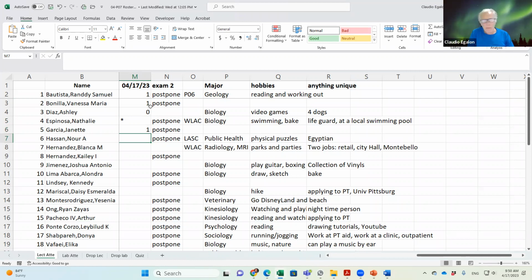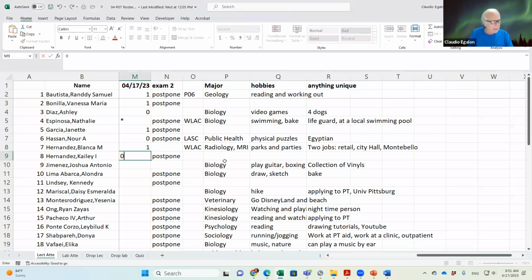I don't see Noor here. Blanca Hernandez. Thank you, Blanca. Kaylee Hernandez. I don't see Kaylee either. Joshua Jimenez. I don't see Joshua either.